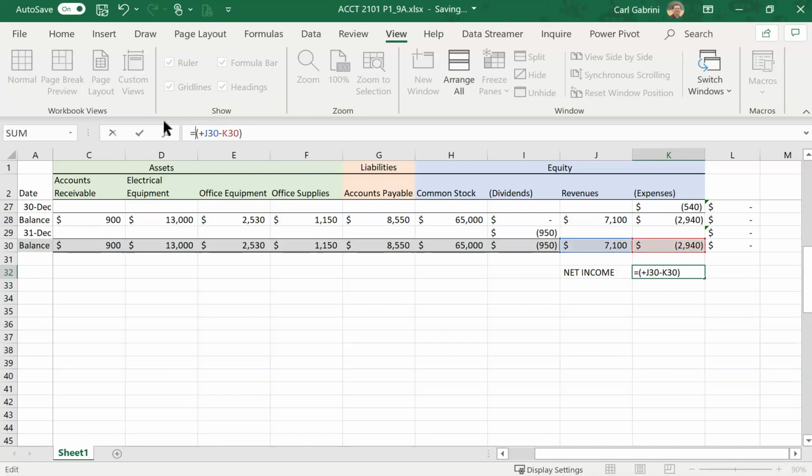Oops, put an equal sign there so they know it's a formula. Hey, formulas always start with an equal sign. And so let's see.